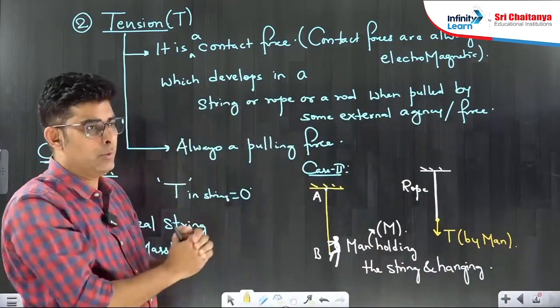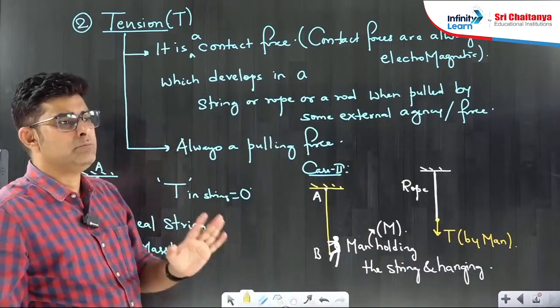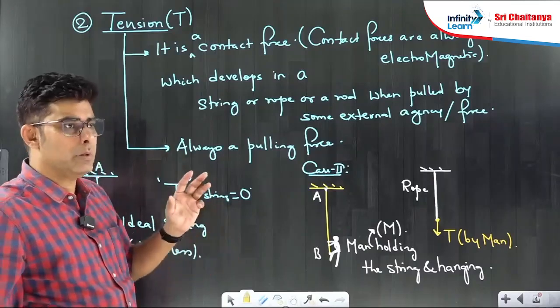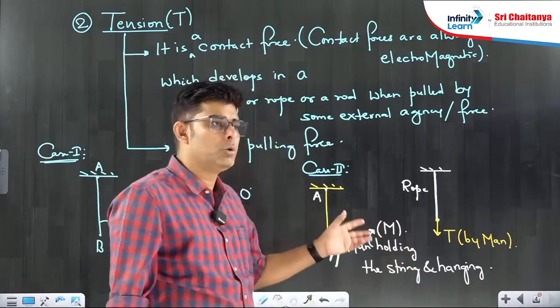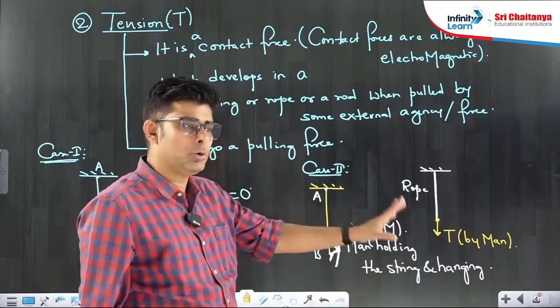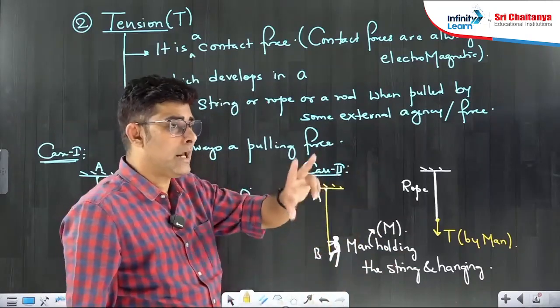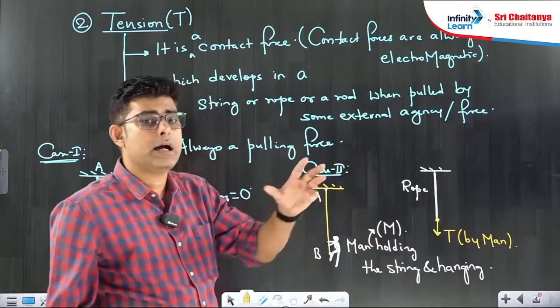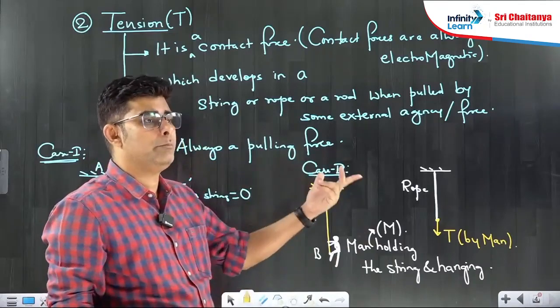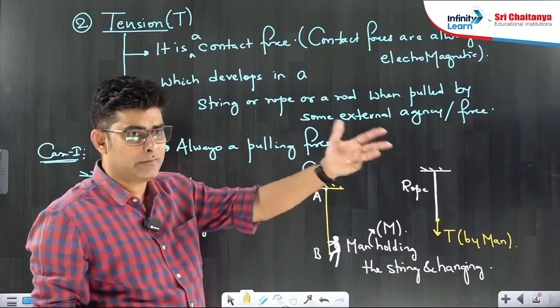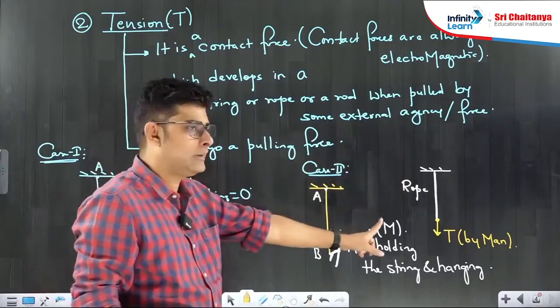Man is pulling the rope down. Please don't write mg. See, I am very particular about some things. Don't write mg. It is tension. Don't write the values also, because sometimes we are being very absolute about some formulas, and in that case we make mistakes and we confuse ourselves as well as others. Just say the force is tension.